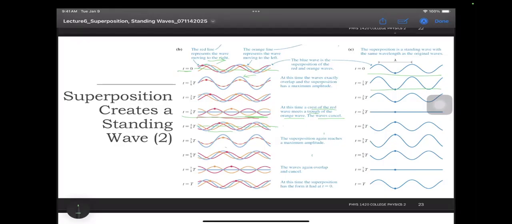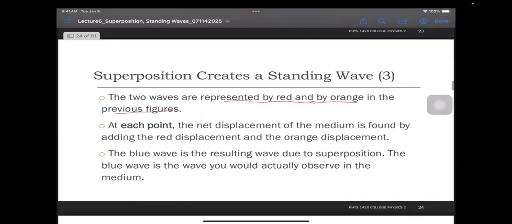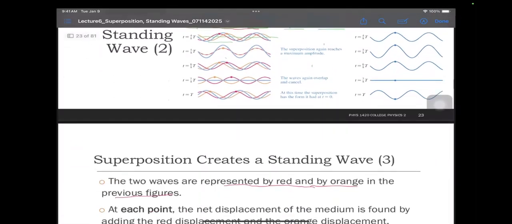How the blue one came out, generated by superposition, creates a standing wave. This blue wave is a standing wave. Let's analyze how this superposition creates a standing wave.